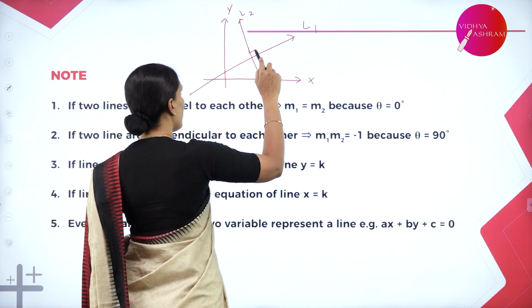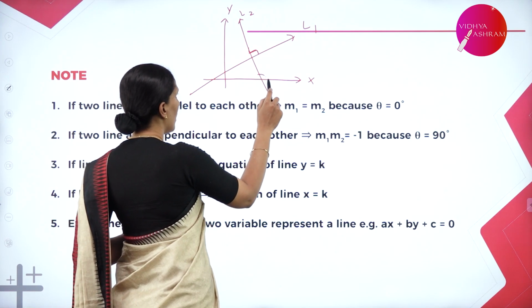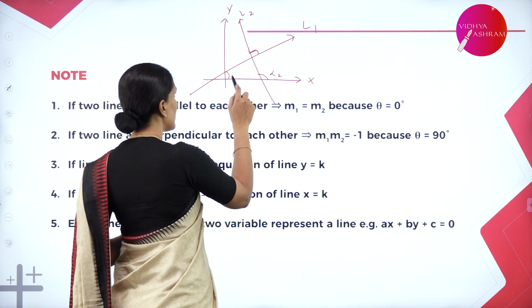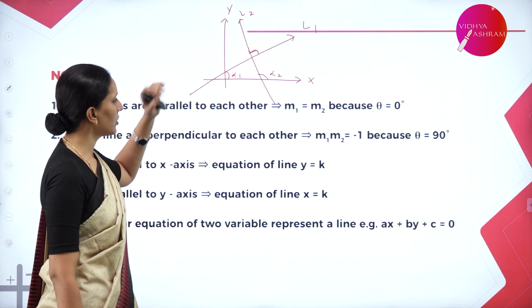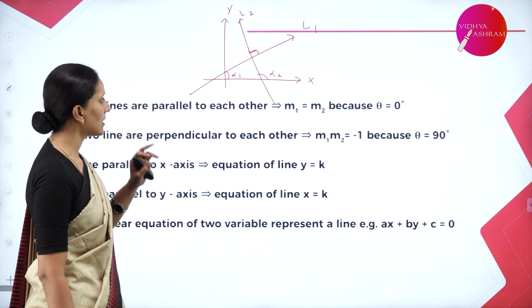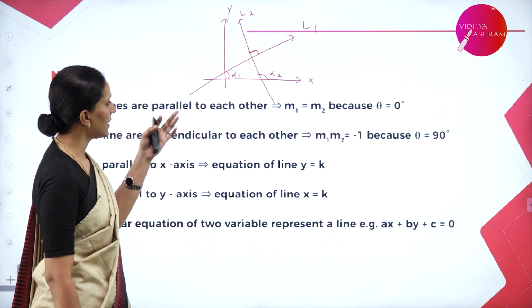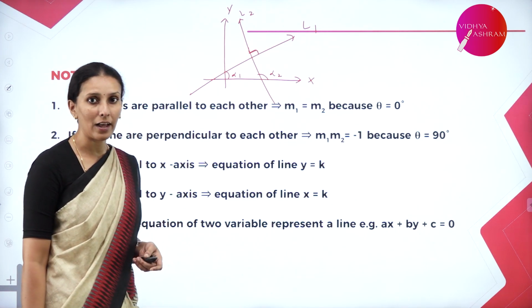See, the angle between them is 90 degrees. Let this be alpha 2 and this is alpha 1. So if alpha 1 is the inclination of line L1 and alpha 2 is the inclination of line L2, then obviously slope m1 is equal to tan alpha 1 and slope m2 is equal to tan alpha 2.